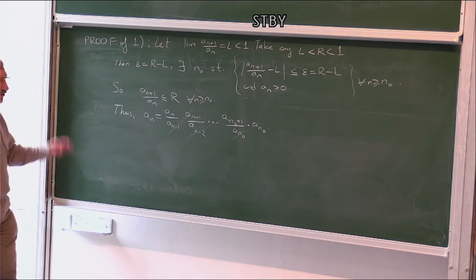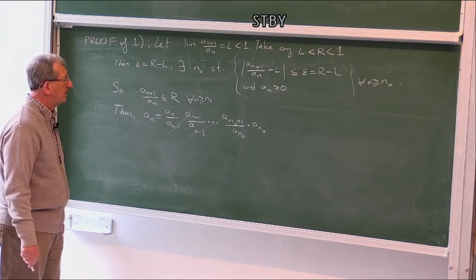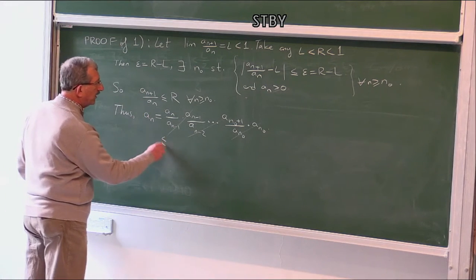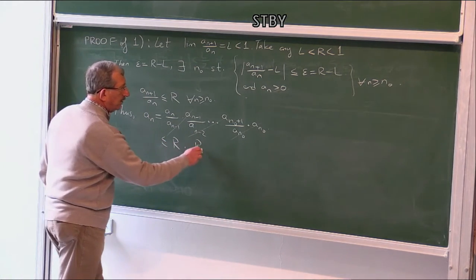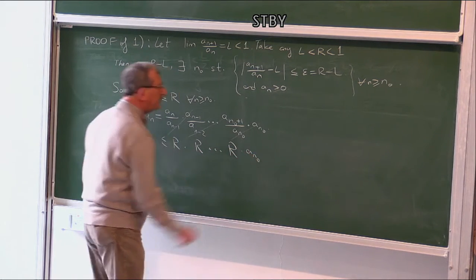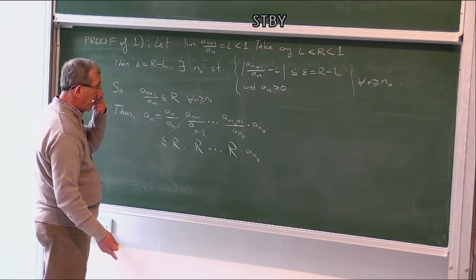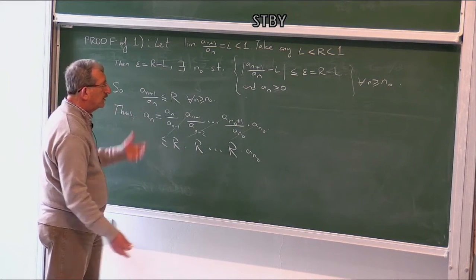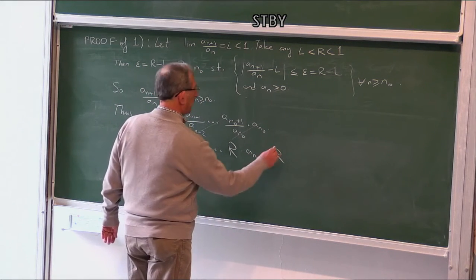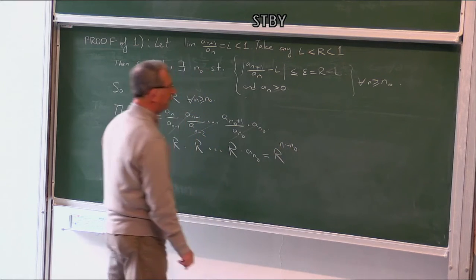Because the a_n are strictly positive after N0, we can do these things. Now, each of the ratios is smaller than R. And this is true. Well, how many R's we have, of course, is exactly n minus N0.